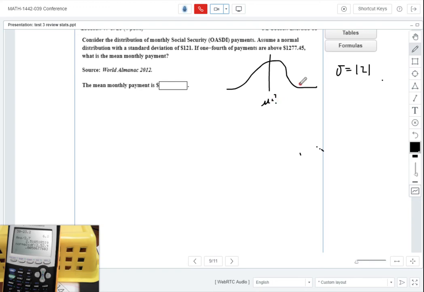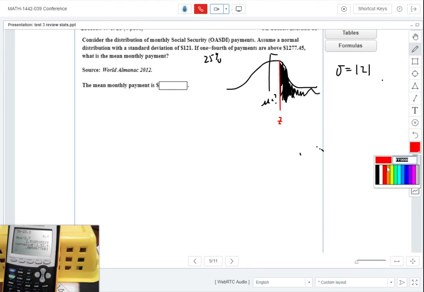So we're looking for the mean. It says if 1/4 of the payments are above this value, 1/4 is 25%. So if I shade in 25% of this graph, 25% is above this Z value right here, find the mean.